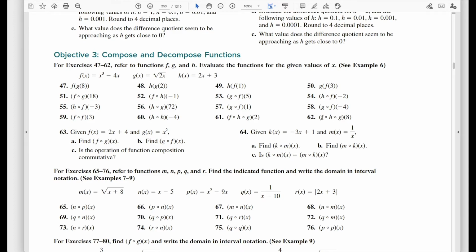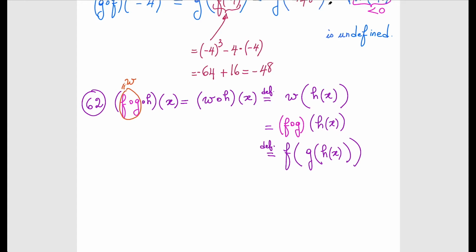We need to evaluate f composed with h composed with g at 8, right? And f, g, and h are here. Let me take this 62 over here. So in 62, we have f of x, which is x cubed minus 4x.